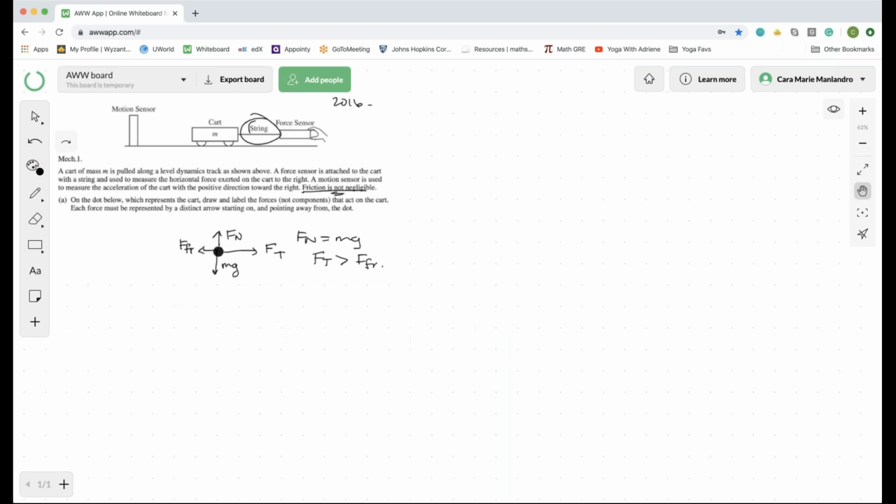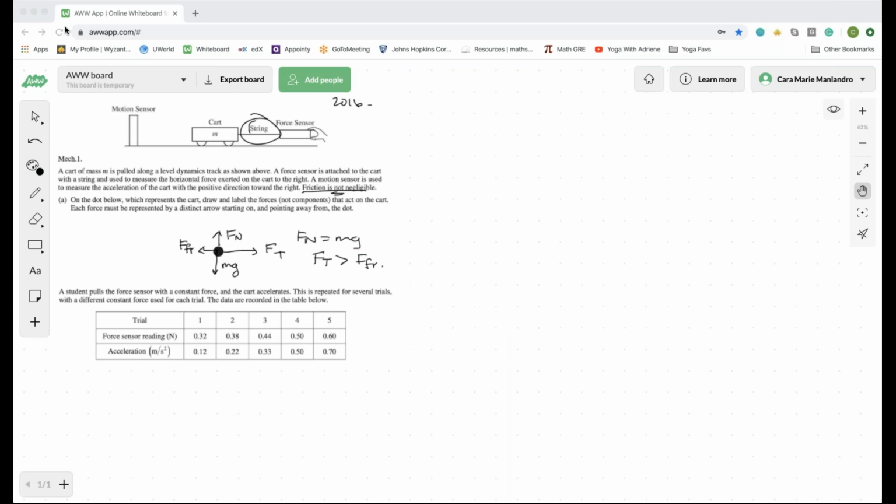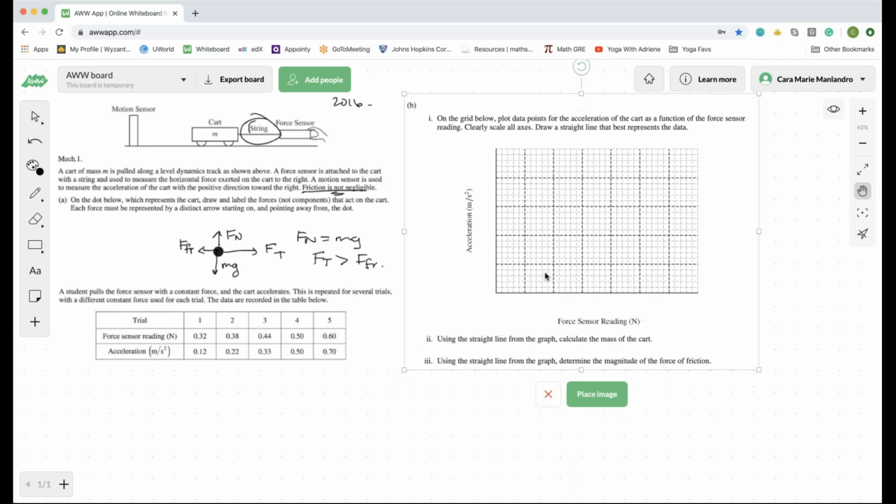So there's the data, and we are not going to actually calculate the graph, but I'm going to draw it for you, or at least explain it, and then we'll do the rest of the questions. Again, I don't think that you're going to get anything that requires a line of best fit.